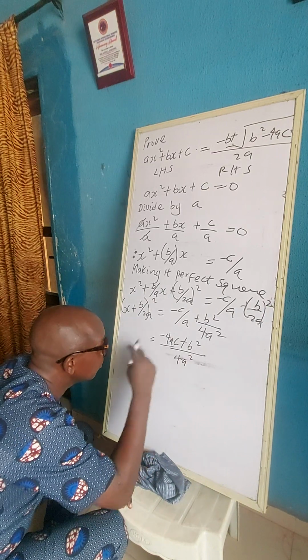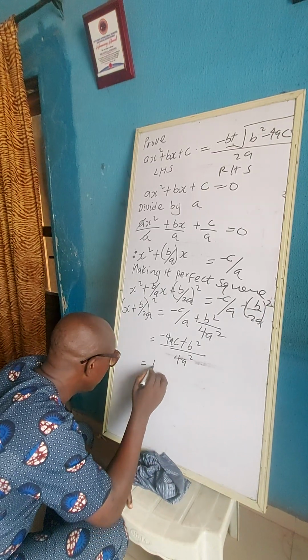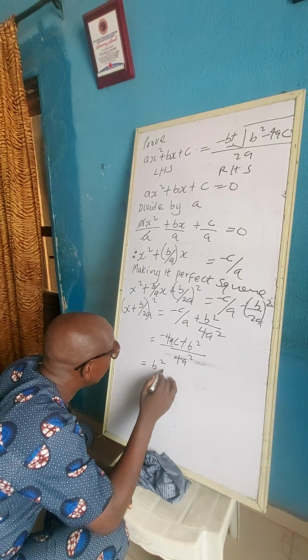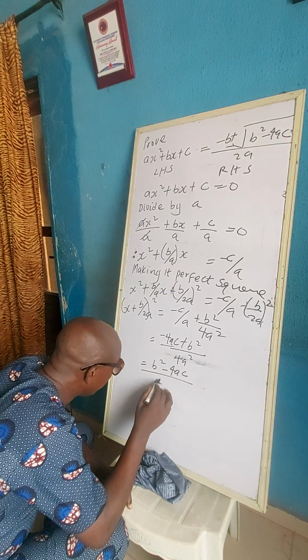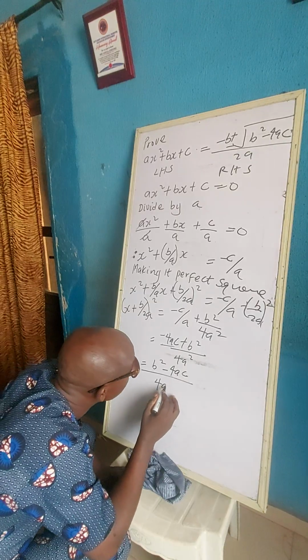Arrange again, it becomes b squared minus 4ac over 4a squared.